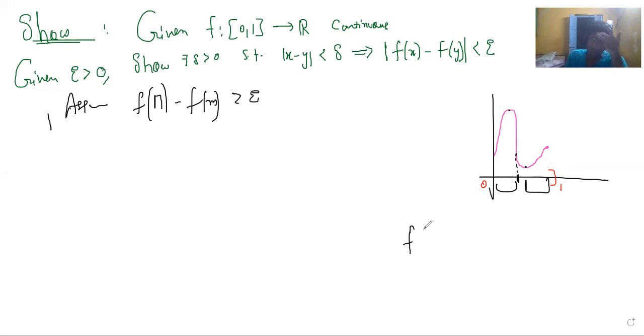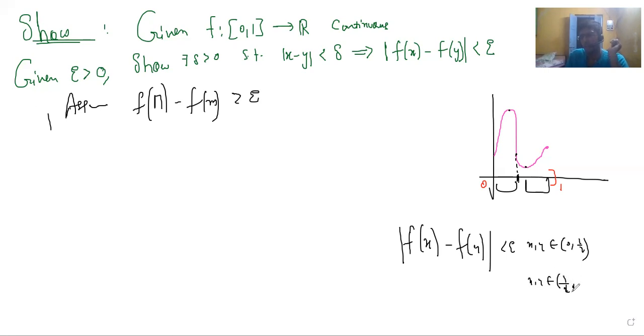I'm saying that this thing holds for all x and y in 0 to half, and also holds for all x, y in half to 1. If this happens, then that does not imply that it holds throughout.